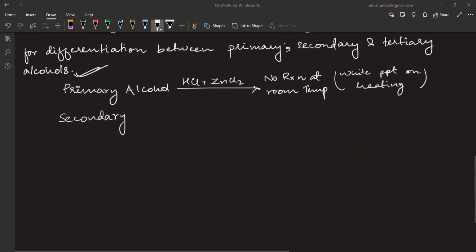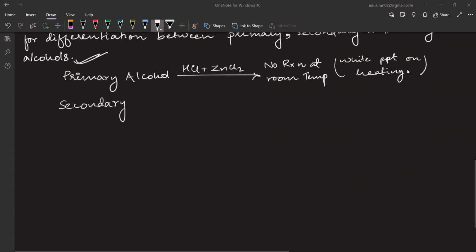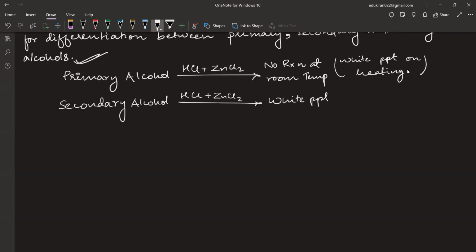Okay. Now, see, if I have secondary alcohol and I use the same thing, HCl plus ZnCl2, then what will happen? We will get white PPT after 5 to 10 minutes. So this requires time. Primary alcohol requires heat.